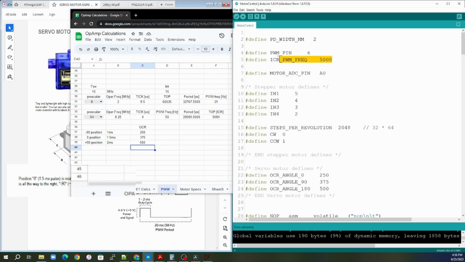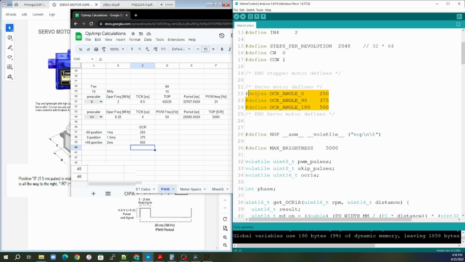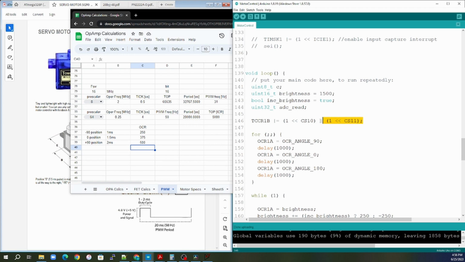So you can see here, I've defined a few things. I set my ICR PWM frequency to 5,000 for the ICR value. I've also defined the 0, minus 90, and positive 90 positions, except I've called these 0, 90, and 180 for the degrees, but they're set to 250, 375, and 500. You can also see in my loop, I have set the TCCR1B register.